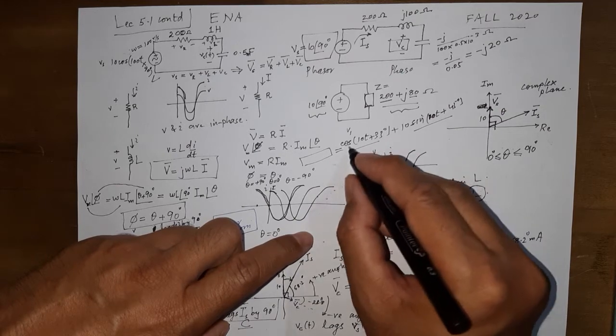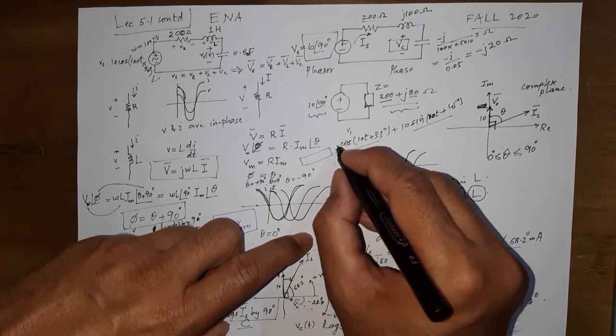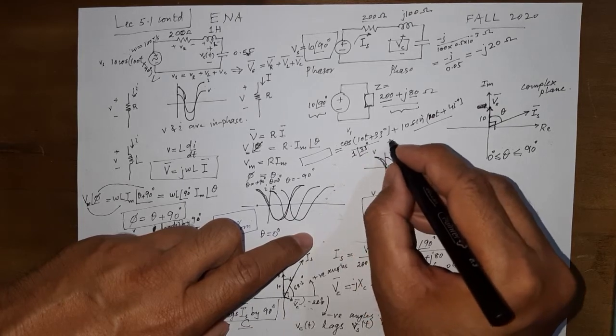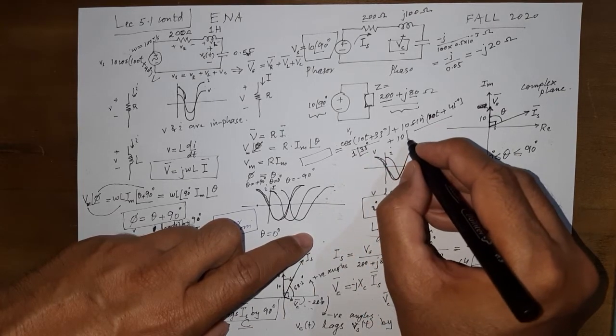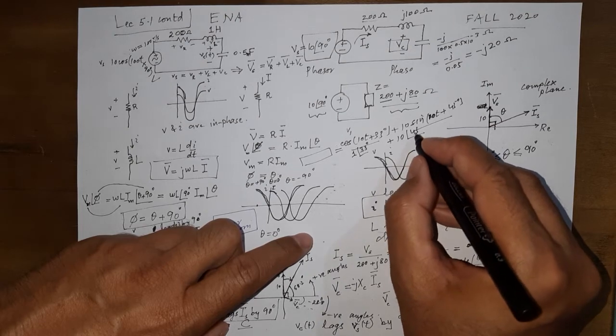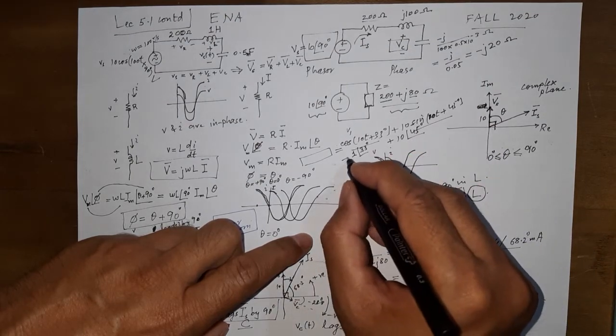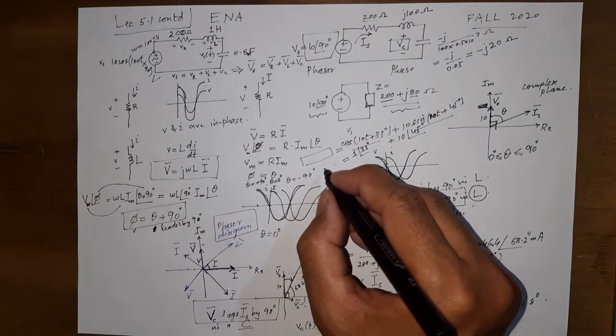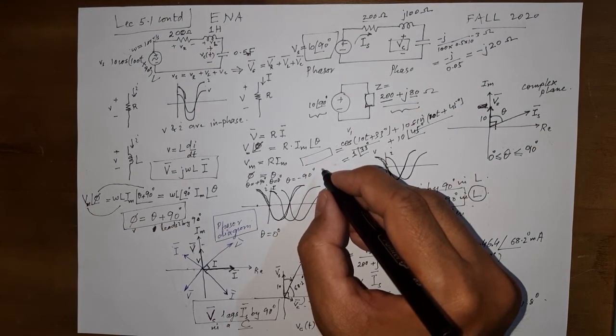What is the phasor equivalent of this one? 1, there is a coefficient 1 here, angle 33. And what is the phasor here? 10 angle 45. So use your calculator to add them to get the phasor of this thing. So let me use my calculator.